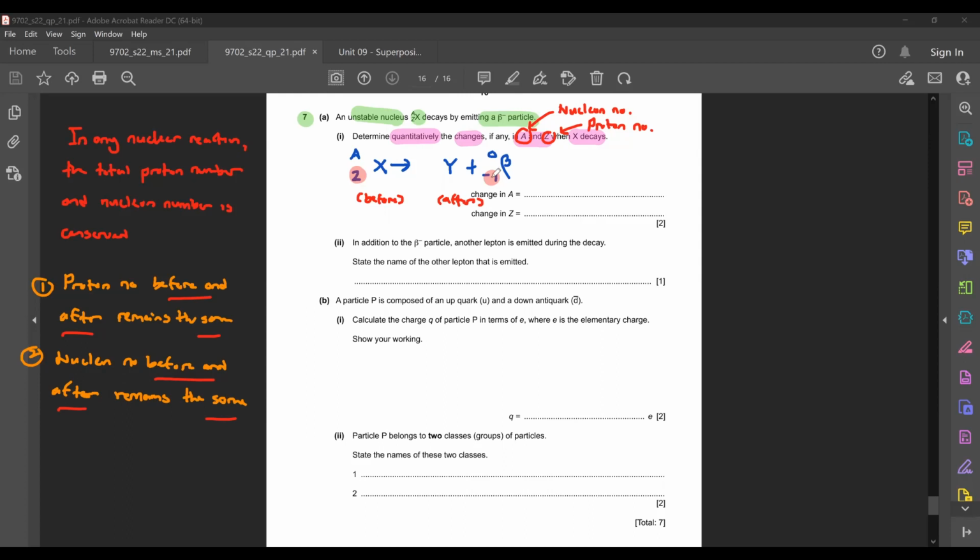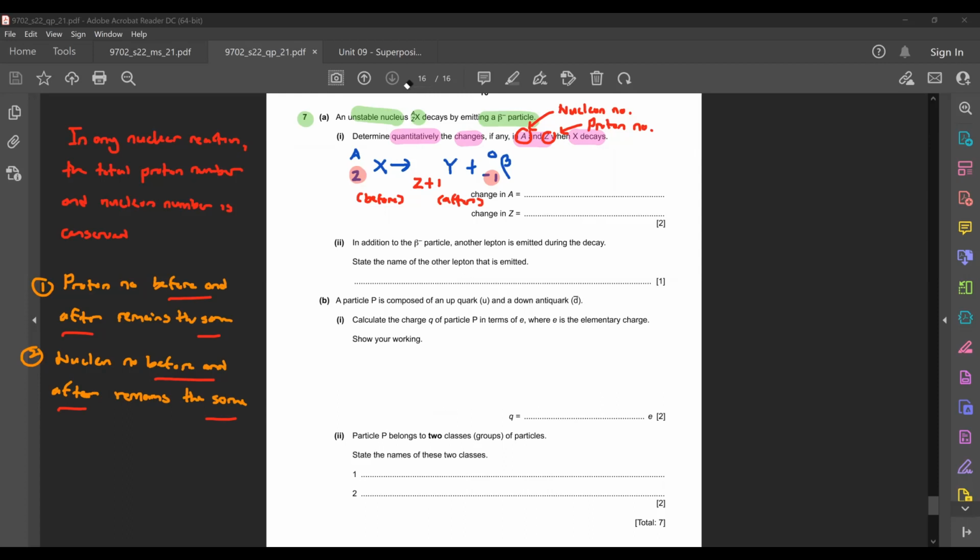Okay, so in order to offset this change, our proton number must have increased by 1 instead. It must be an opposing change. So for the proton number of Y, it will be Z plus 1. Because you see now, if you take Z plus 1 plus with minus 1, you're going to get back Z. Okay, your proton number here actually remains the same as before. Okay, so proton number after reaction will be Z plus 1 for the new element.